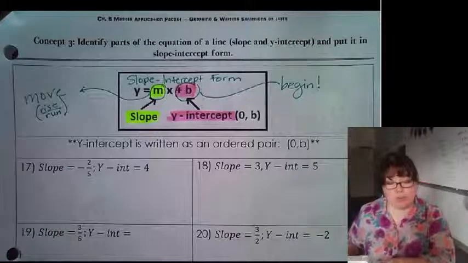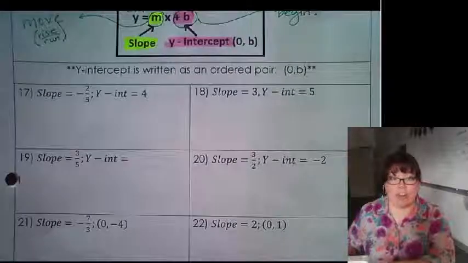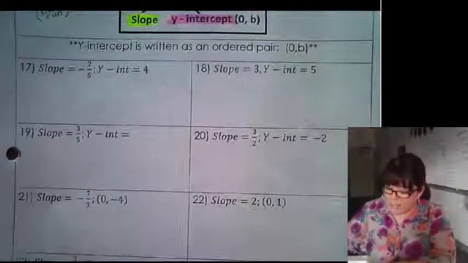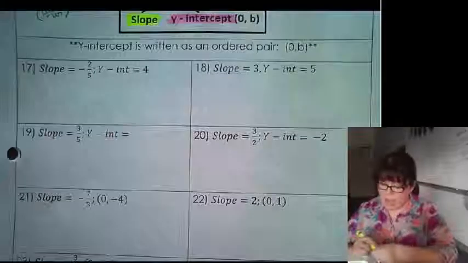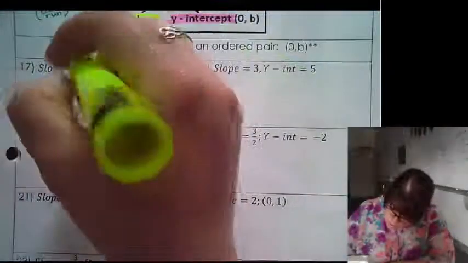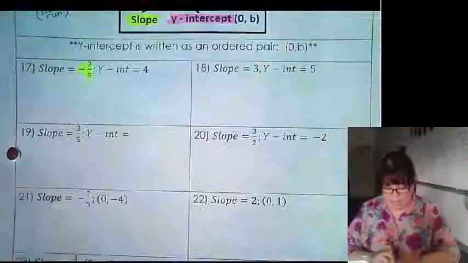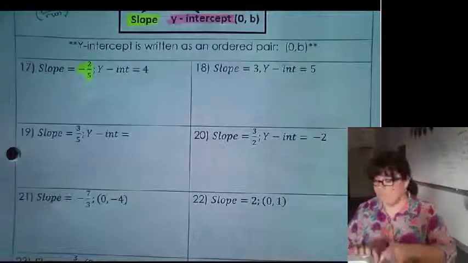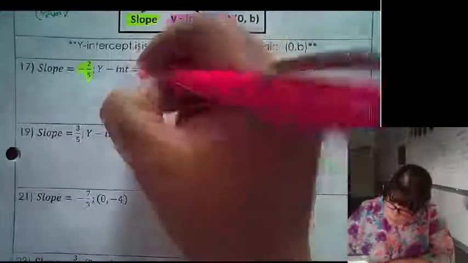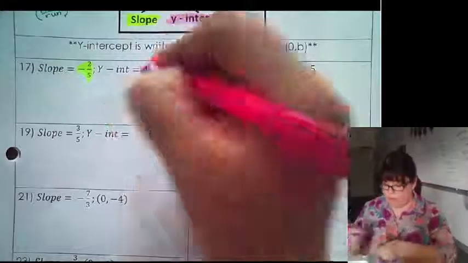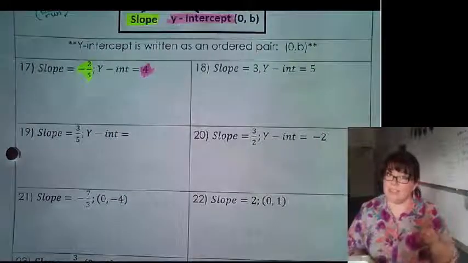You will have some situations like you see in your packet where you are given a slope, which is your m value. Slope is negative 2/5, excuse me. And your y-intercept is 4, and there's no sign out front, so we know that it's a positive 4.